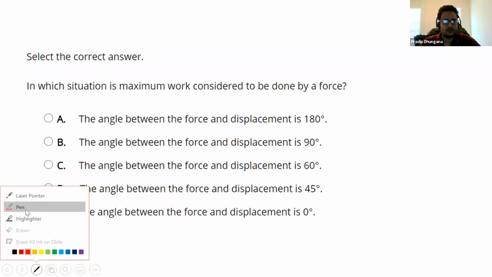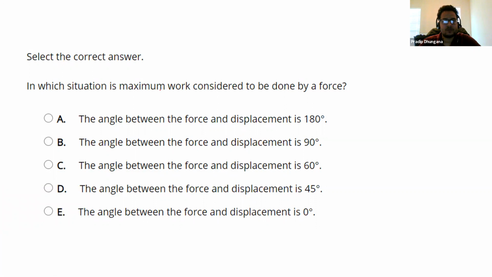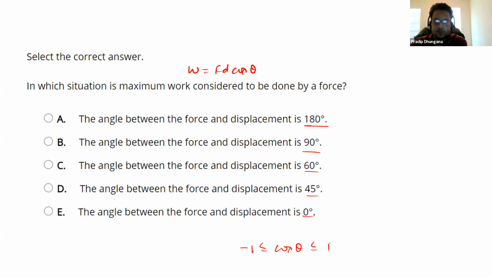So this question is, in which situation is maximum work considered to be done by a force? And then we do have different angles. So we know that work done is force times displacement times cosine of the angle between force and displacement. That means calculate cosine of those angles. Okay. And then the cosine function varies from -1 to +1.